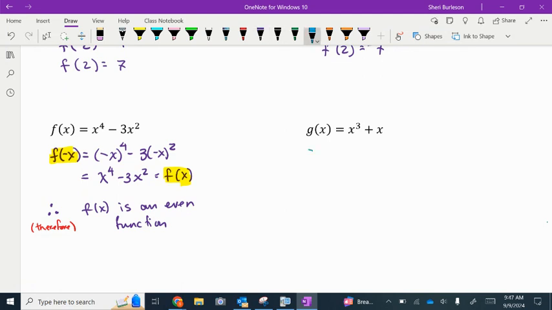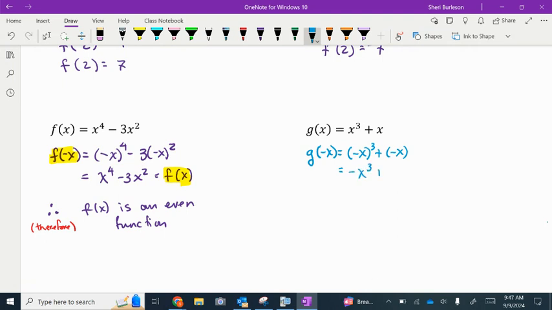So let's do the same thing for g of x. We're going to start with g of the opposite of x. We're going to plug that in. What do I get when I take a negative number to an odd power? It's going to stay negative, right?